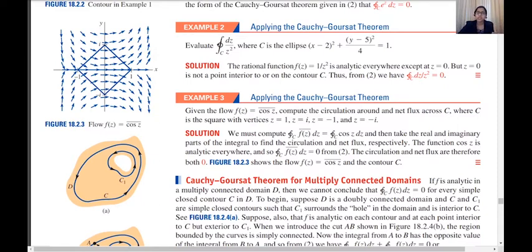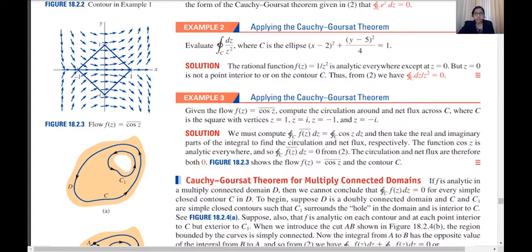We saw in the last question of the previous section that, by definition, circulation is the real part of that integral and net flux is the imaginary part. So we have to compute the integral of f(z̄) dz and determine the real part and imaginary part of that integral.